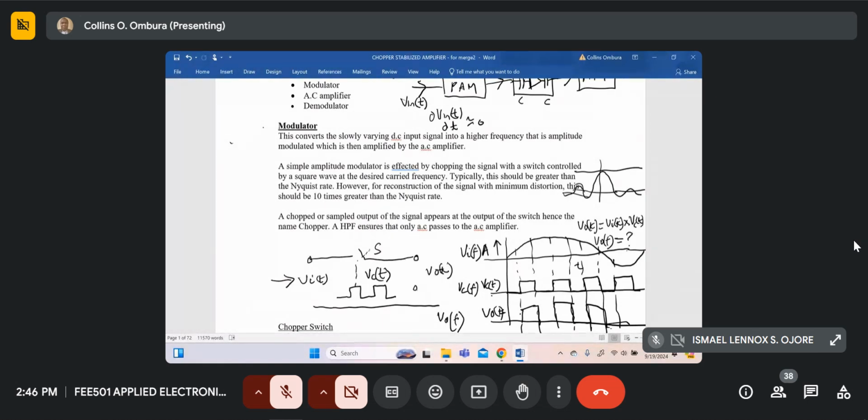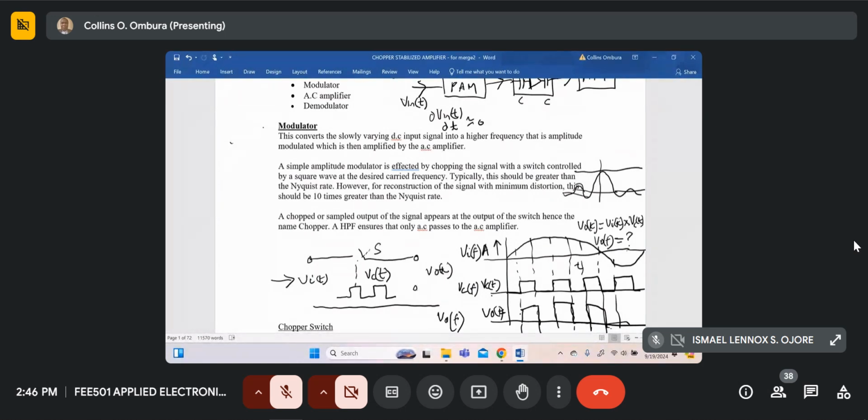So if you look at these diagrams I've drawn towards the right, the input is a slow varying waveform. The control signal are rectangular pulses of a high frequency. The output of our switch is a pulse amplitude modulated signal.